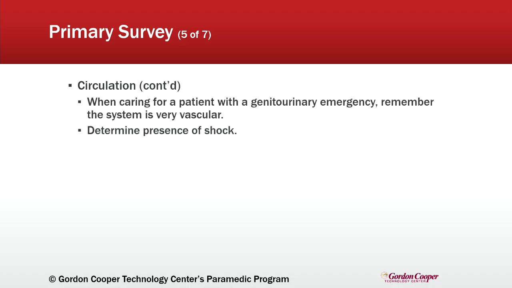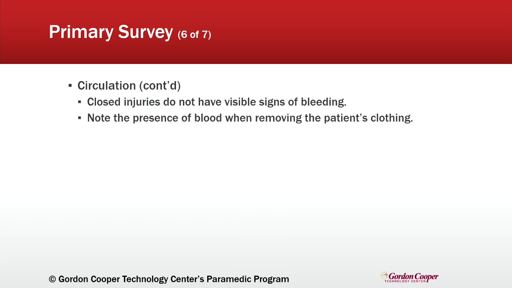When caring for a potential genitourinary emergency, remember that this system can be a significant source of bleeding. So be sure to check for circulatory problems or shock, and don't wait until the more detrimental signs show up before you start considering internal bleeding, or bleeding that may not be readily evident.